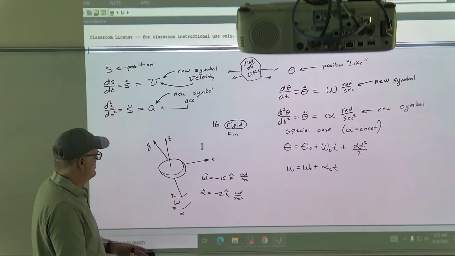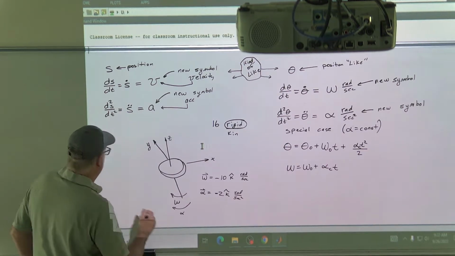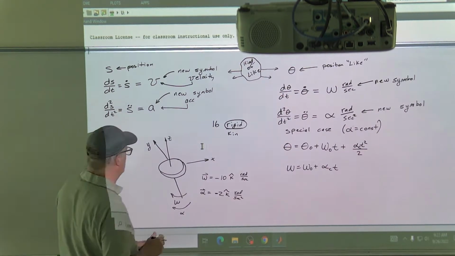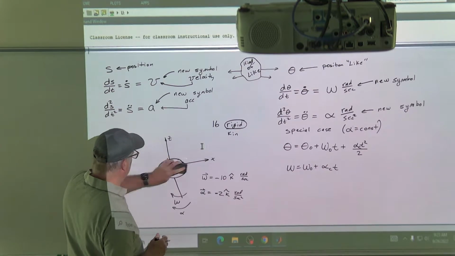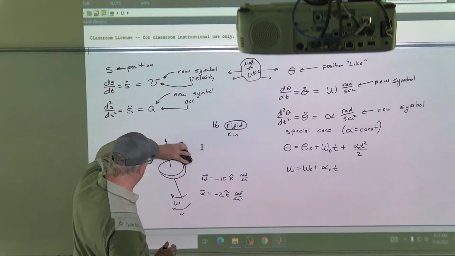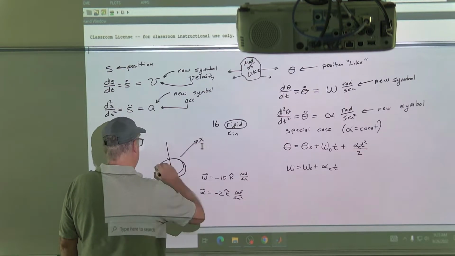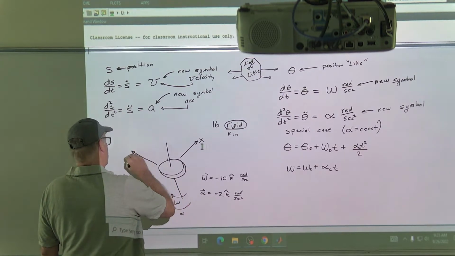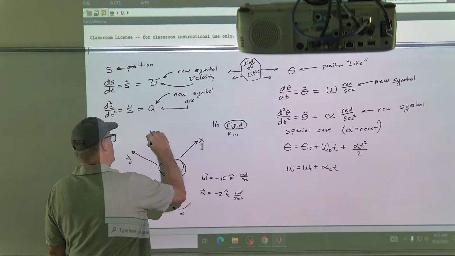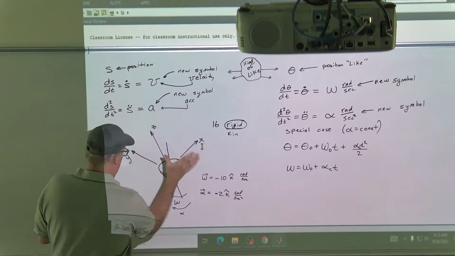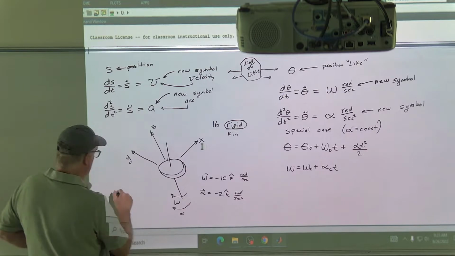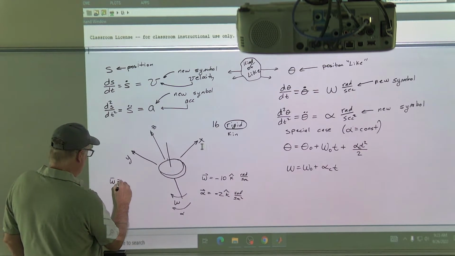You can have some bizarre stuff. You could have, let's say you did something silly and you decided, here's your spinning axis, right? And you decided that this was going to be X, this was going to be Y, and this was going to be Z. So you cross X with Y, you get Z. You might get something like omega is equal to 3I plus 2J.